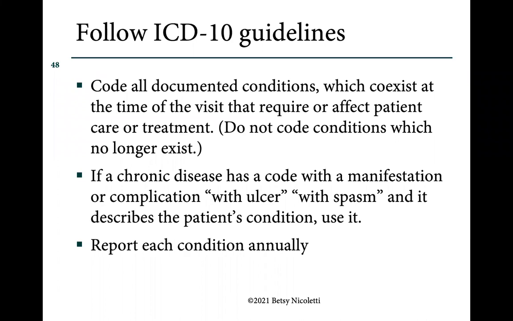A patient who had a stroke, we don't use the stroke diagnosis code anymore because they had that in the hospital. If they had any long-term after effects, we would use the long-term after effects. And if they didn't, we would use personal history of. If they go in for an exacerbation of their COPD or their heart failure, and they're coming in for follow-up, of course, you're going to use those codes.